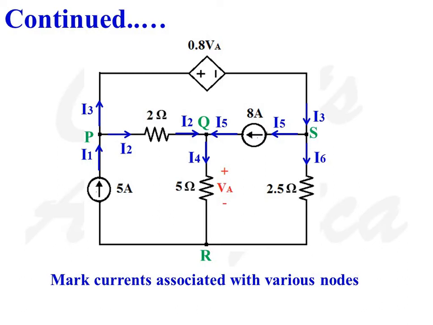In this network, a dependent voltage source of value 0.8 VA is connected between node P and node S, where neither node P nor node S is a reference node. So we can apply the concept of supernode.